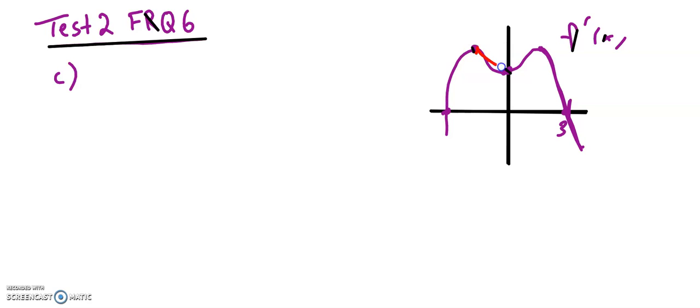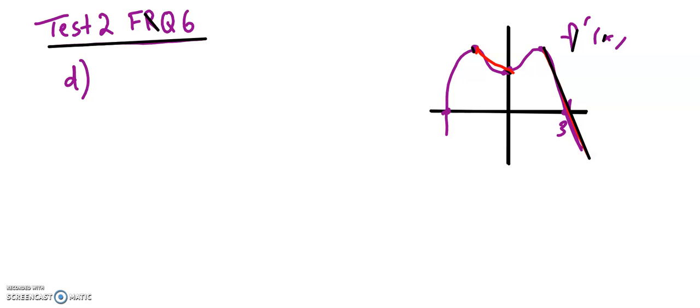So from here to here on the x-axis and from here to here on the x-axis, it'll be concave down. And the way I interpret that is about -2 to 0, a union 2 to 4, with a bracket on the 4, because this is a closed interval.